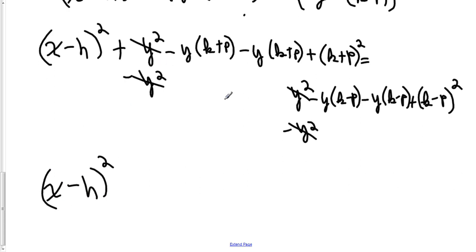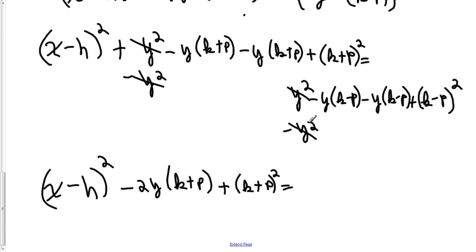These two are like terms: negative y times k plus p, negative y times k plus p is negative 2y times k plus p. And then I have this plus k plus p squared. And this is equal to, those cancel, leaving me negative y times k minus p. Negative y times k minus p are also like terms. I get negative 2y times k minus p.